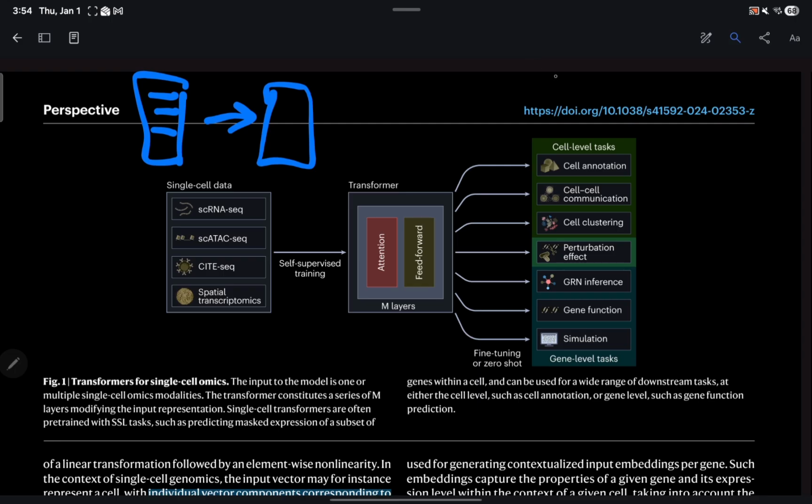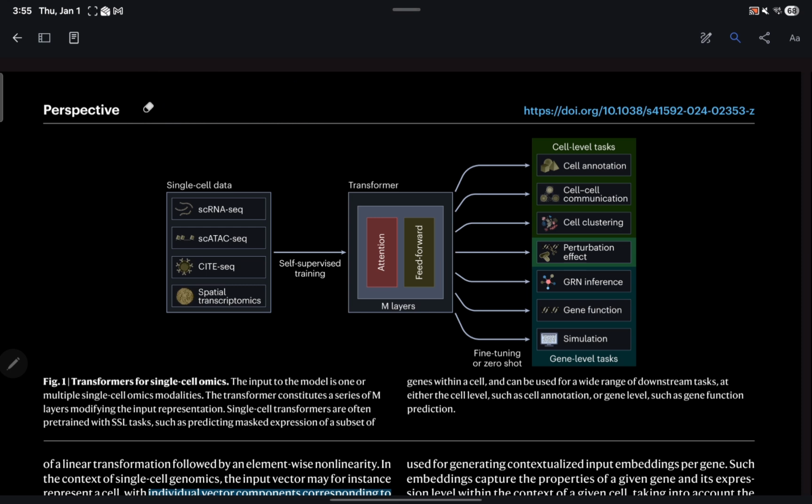to something that, sorry, you have cell 1, cell 2, and so on, which each of them has gene 1, gene 2, and so on. And you want to translate it to cell 1 is a neuron, or cell 2 is this type or that type, and basically you can work with it as a sequence to sequence translation.